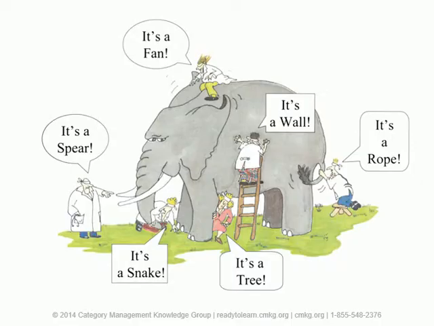Take a look at this picture. All of these people are inspecting the elephant. One important note is that they are all blindfolded. Based on where they're positioned when touching the elephant, they have very different perspectives on what it is that they're actually feeling.